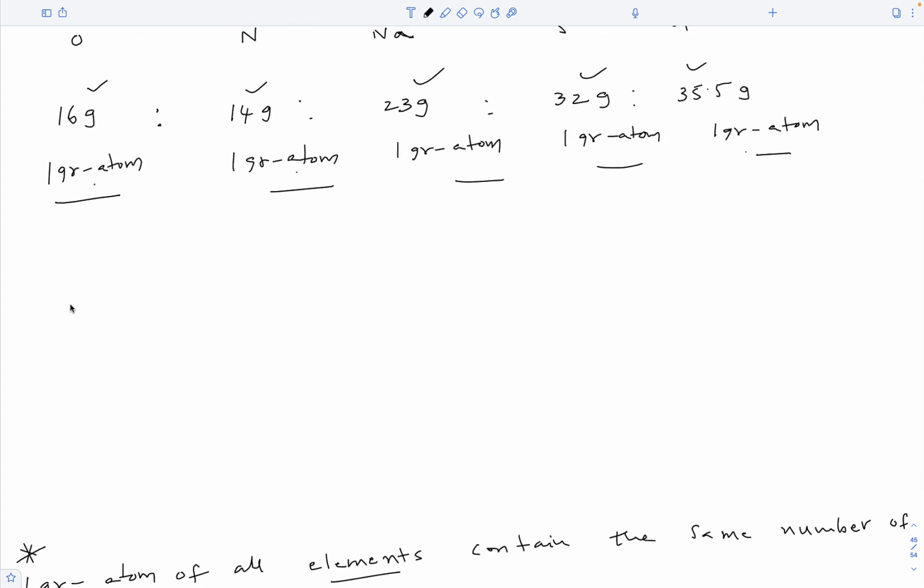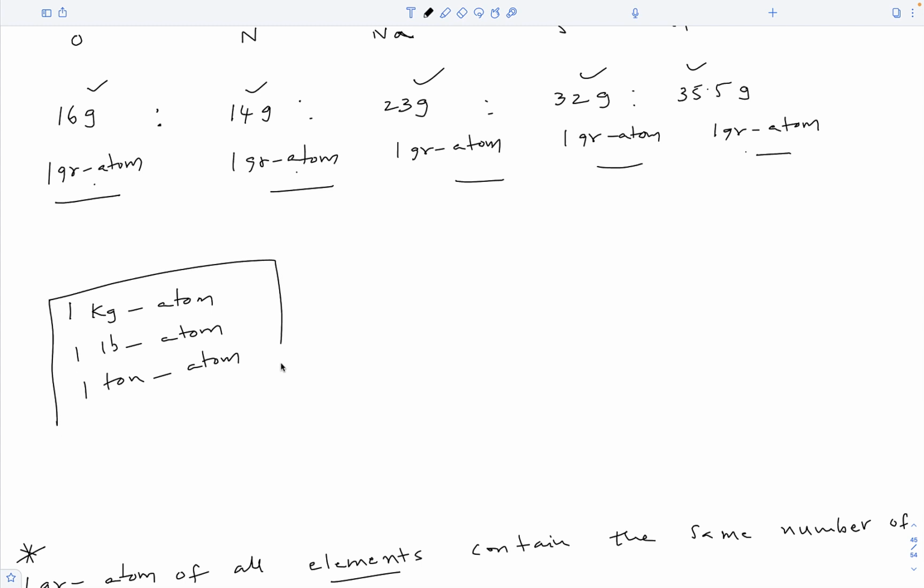We can say the same for 1 kilogram atom of all elements, 1 pound atom of all elements, 1 ton atom of all elements. We have so many names, but these names are not as popular as gram atom is.